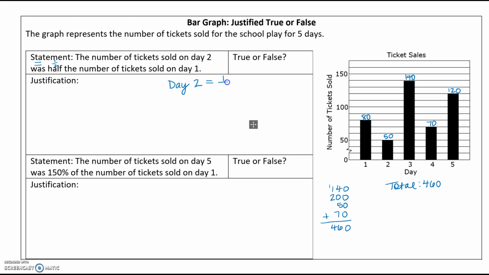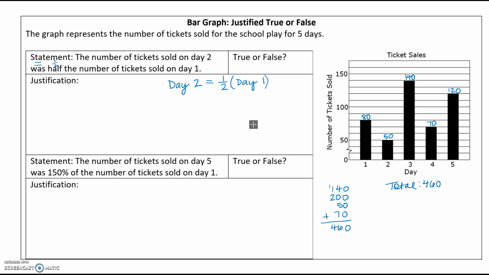So 1/2 of day 1, true or false. The justification is us simply solving it. It's saying day 2 is half of day 1, so you're going to decide if that is true or false, and plug your numbers in here to prove it.